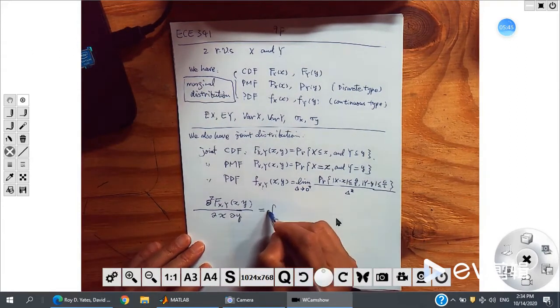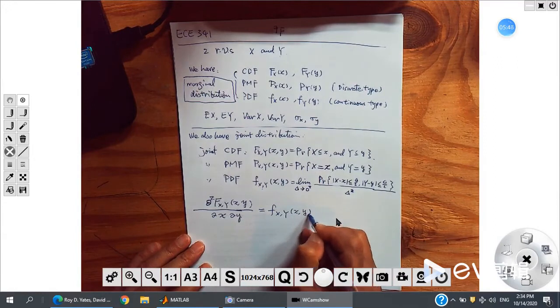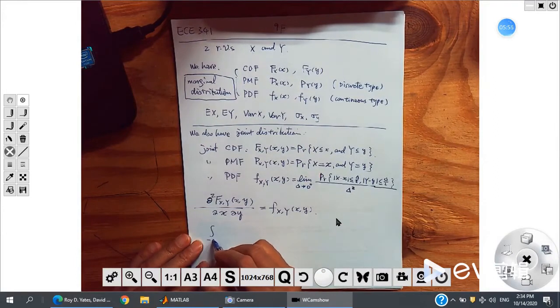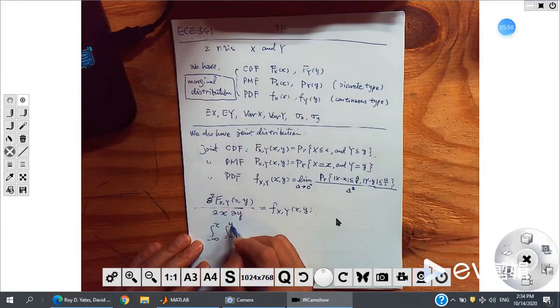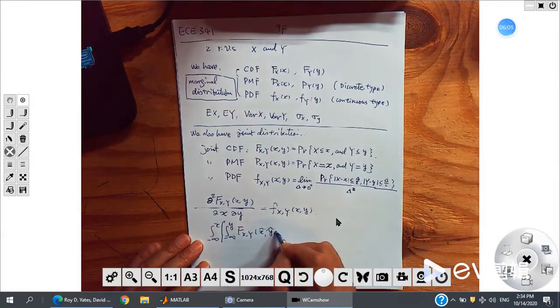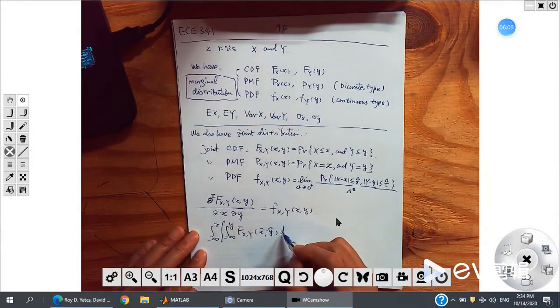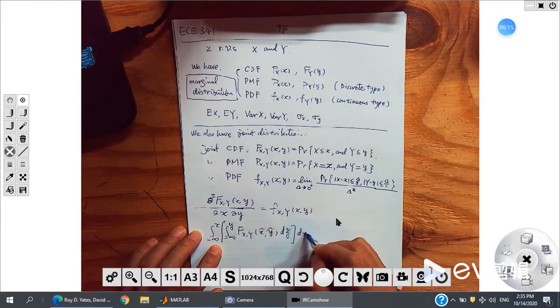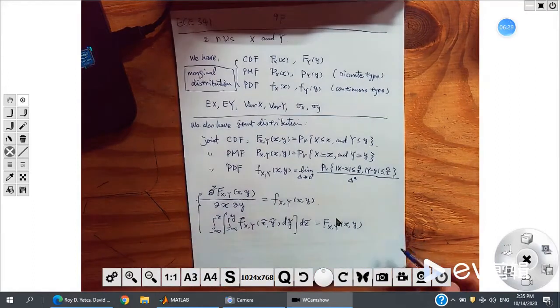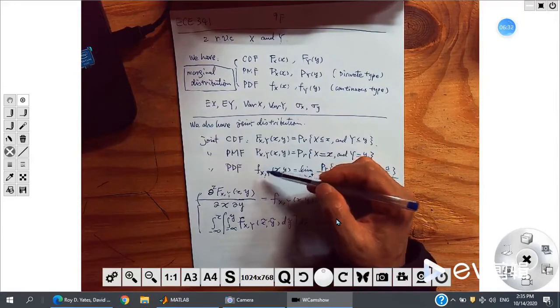This gives us f_XY. In other words, we can say the integral of this f_XY, dy tilde and dx tilde, gives us capital F. So we have these two relations between the CDF and the PDF.